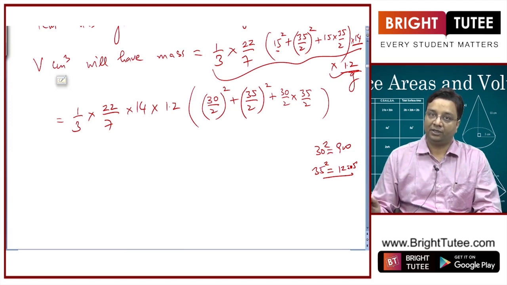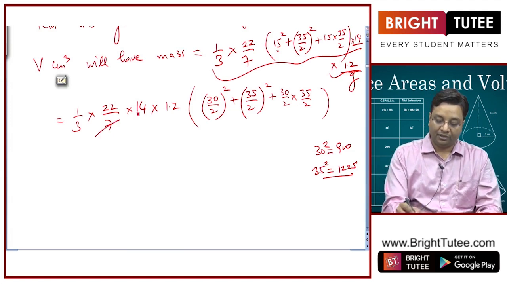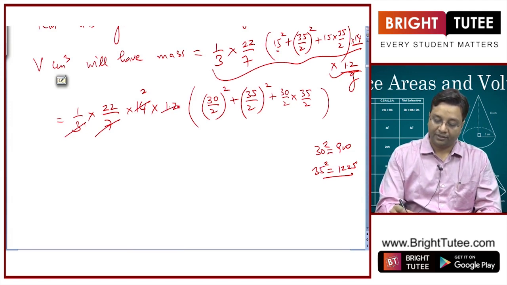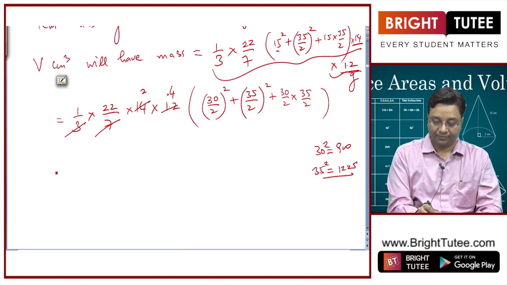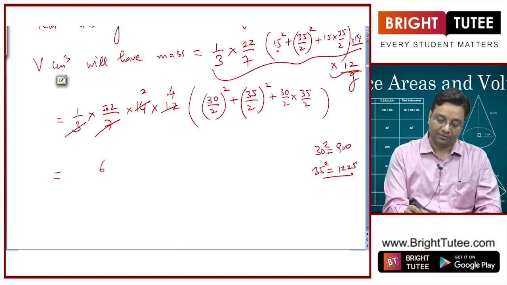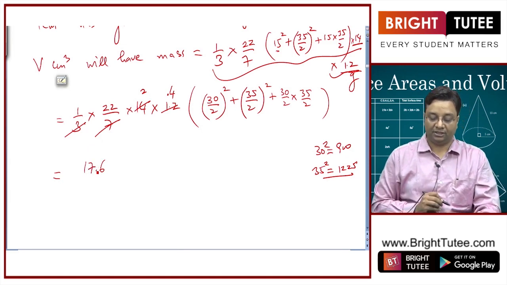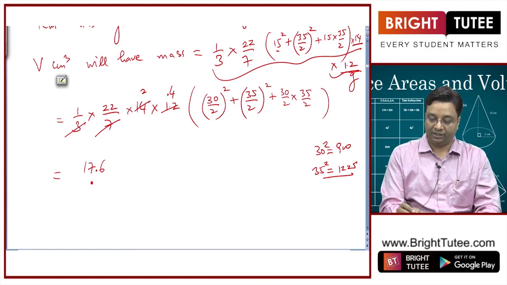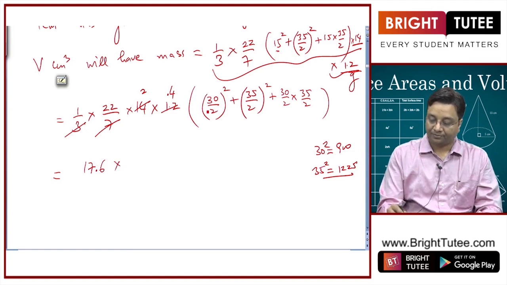You can write the squares directly here also. So 7 2s are 14, 3 here will give 0.4, so this is 0.8, 176, so this is effectively 17.6 here into 1 by 4 I have taken as common.